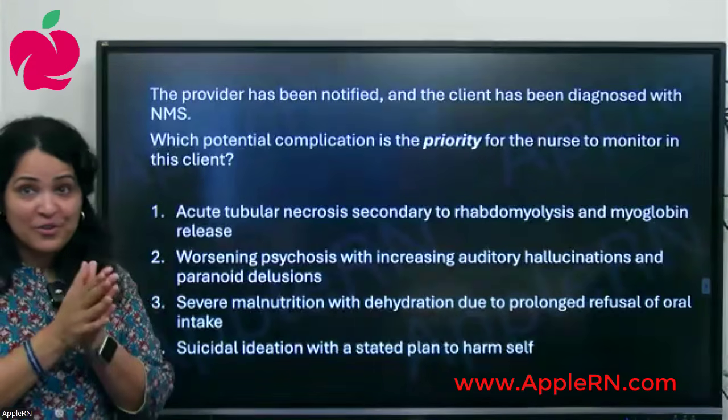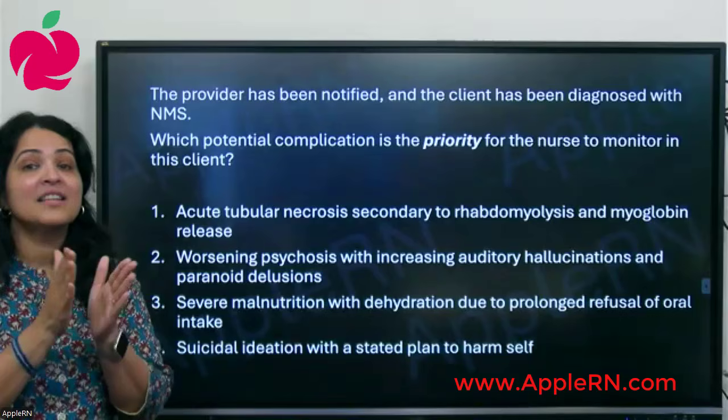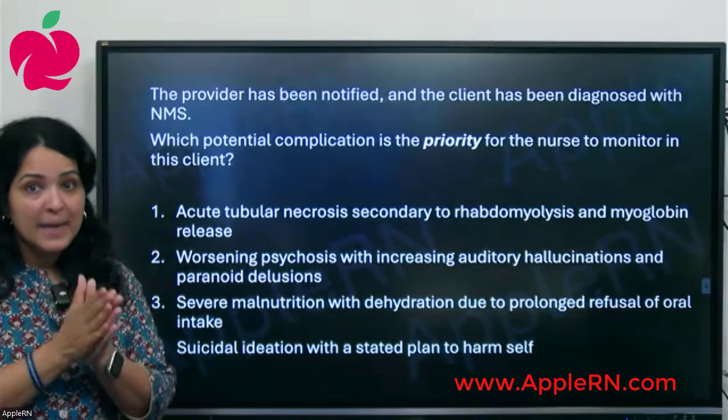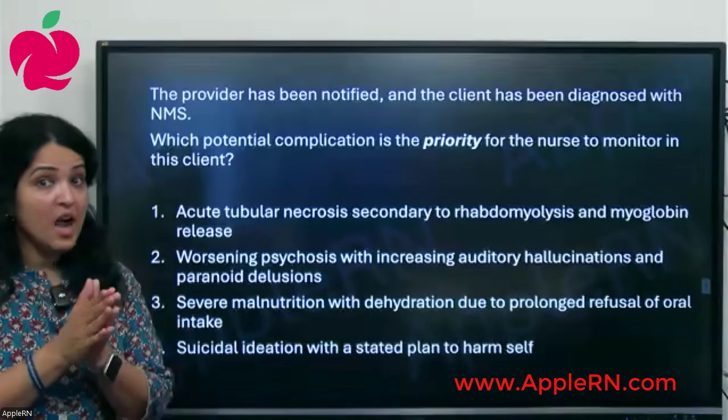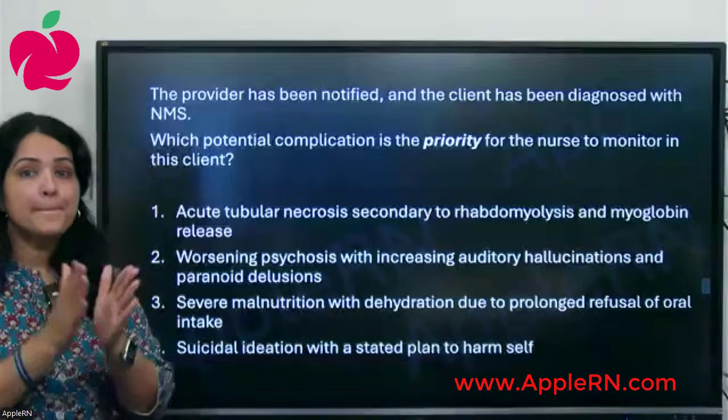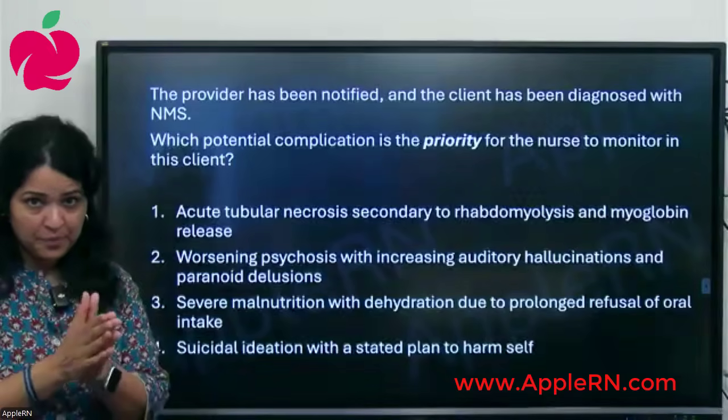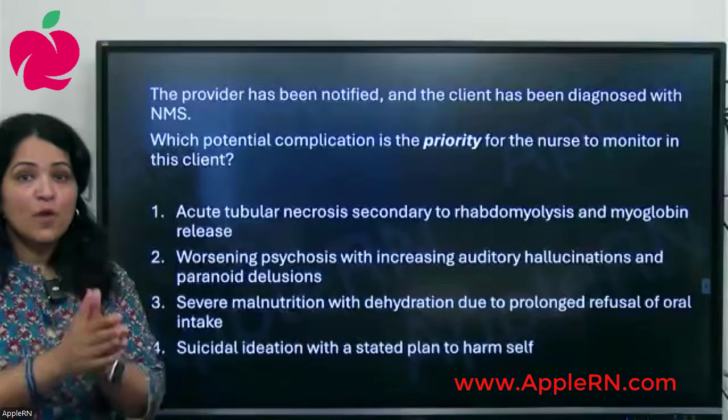Now you know that the patient has neuroleptic malignant syndrome. What is the focus of the case study now? Neuroleptic malignant syndrome.